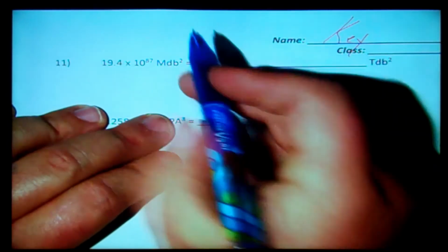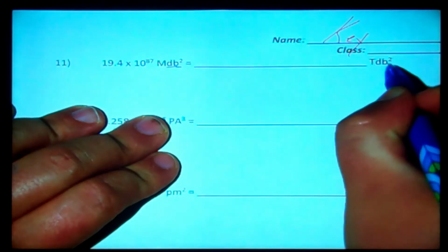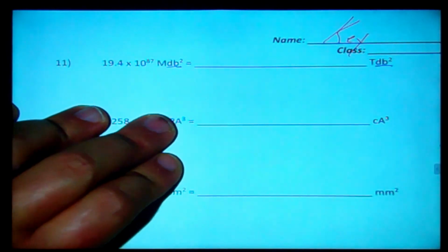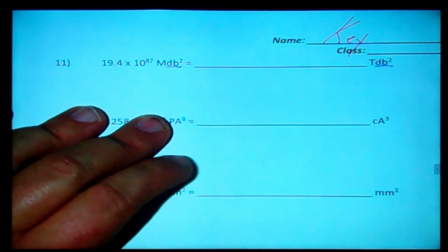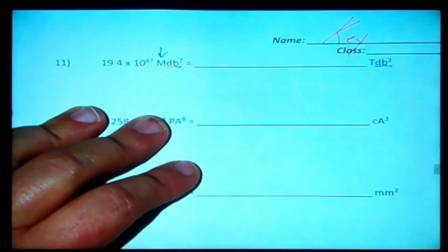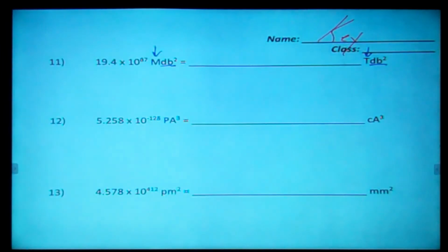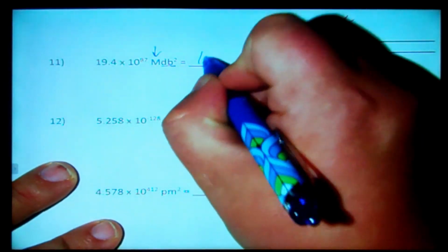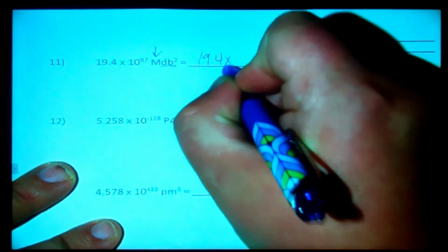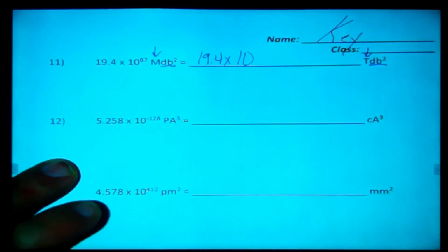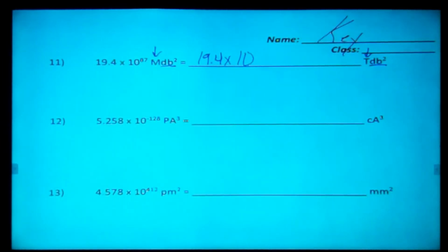Mark what's the same. dB. Do you know what dB stands for? Doesn't matter. Why? You need to know the difference in the prefixes. Mega and tera. Let's write the number down. 19.4 times 10 to something or another. So let's go with mega for step 2. Sorry, step 1 is write down the number.